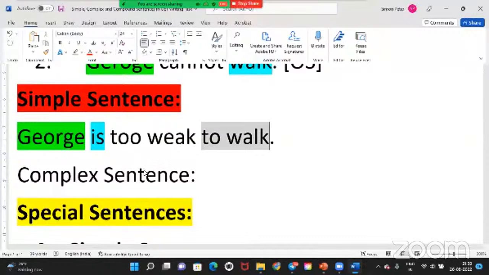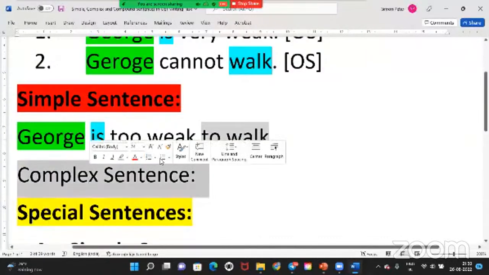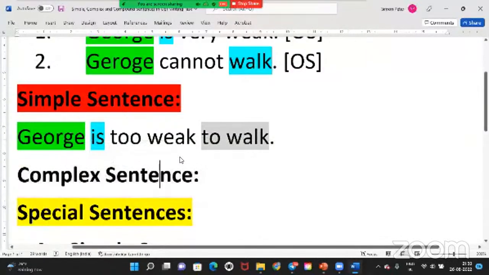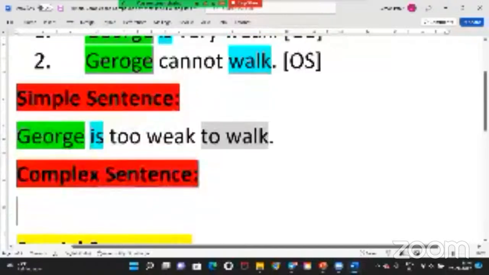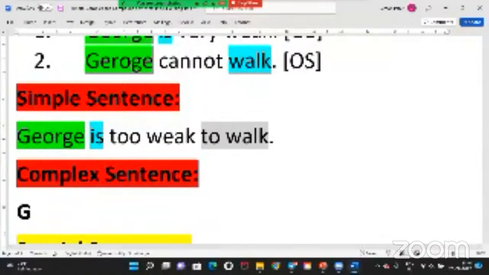So, complex sentence. Now, how are we going to write in a complex form? Complex form means you have two subjects and two verbs. So, the same thing, let us take the two sentences. George is very weak.